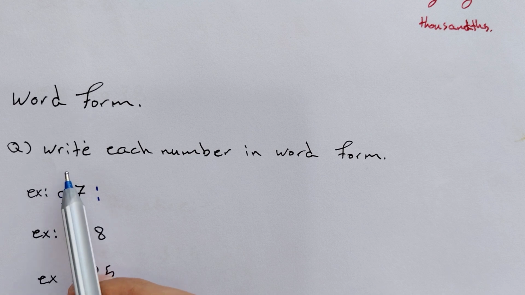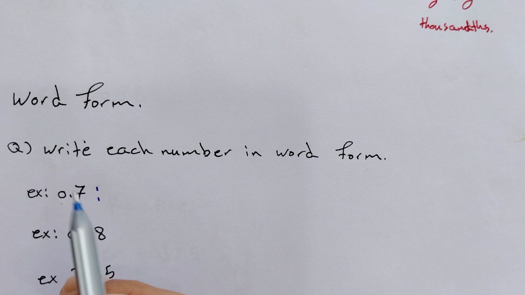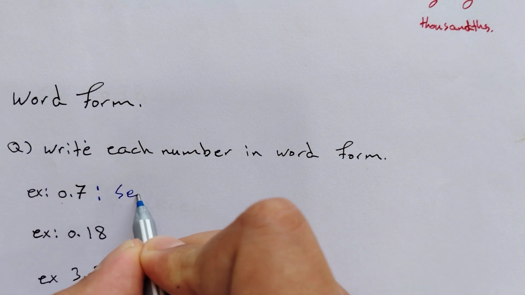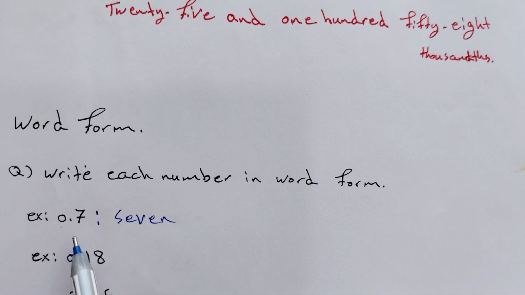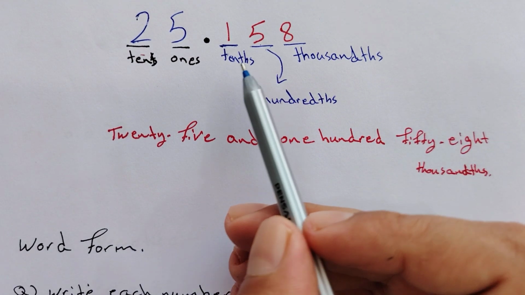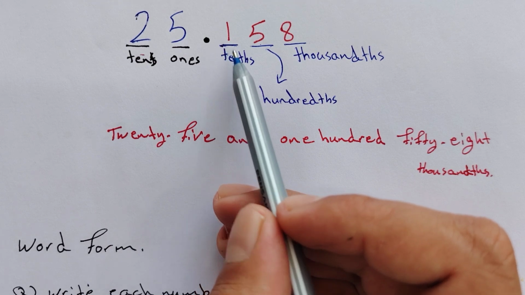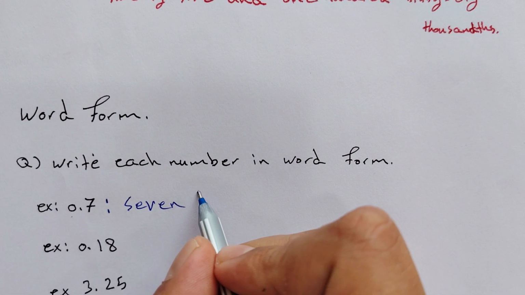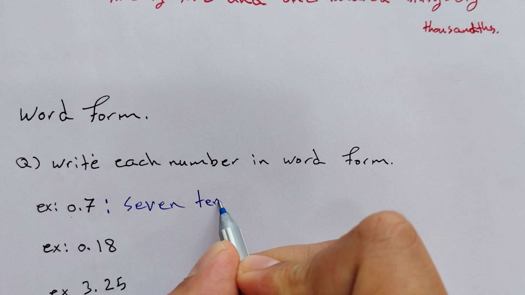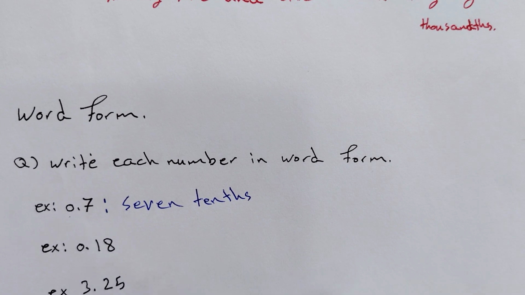We only read what number do we have. We have 7. And remember, for decimals, lastly, we read the last digit's place value. The first place value after the decimal point is tenths. So the 7 is in tenths place. So we say 7 tenths.